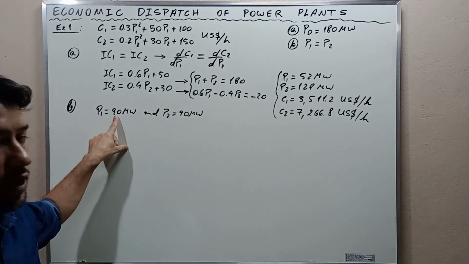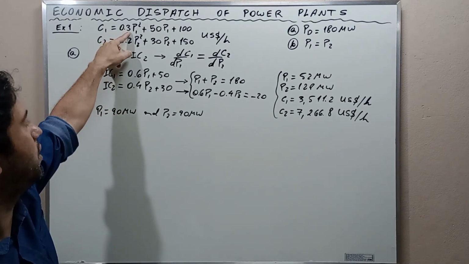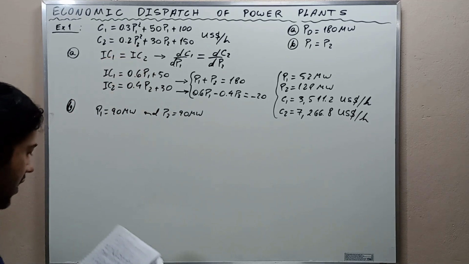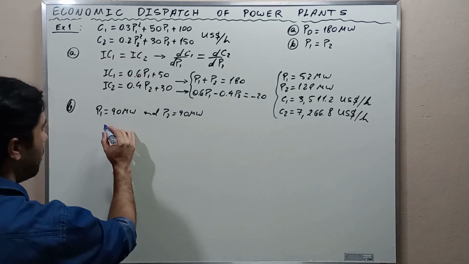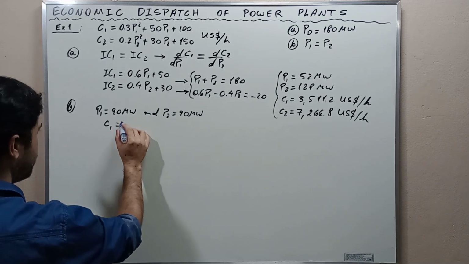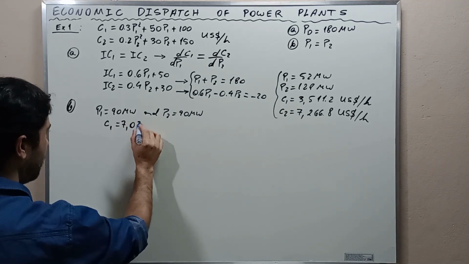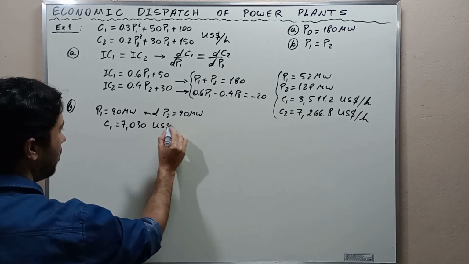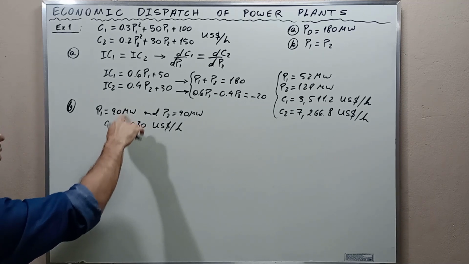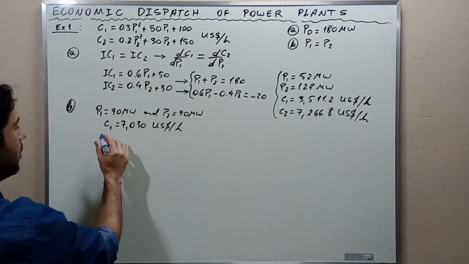We are going to take this 90, substitute here, and this 90 substitute here, and we are going to find that the cost C1 will be equal to $7,030 per hour. Simply take the value of the power and substitute here, okay?